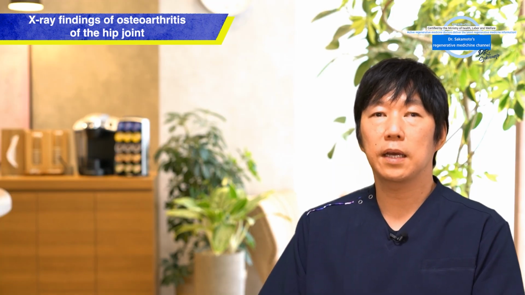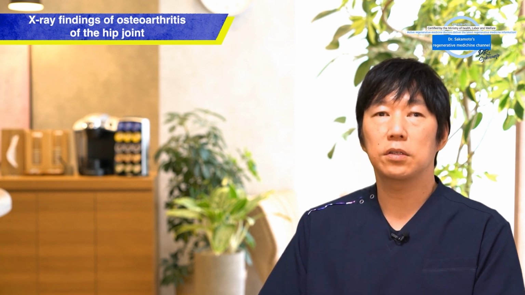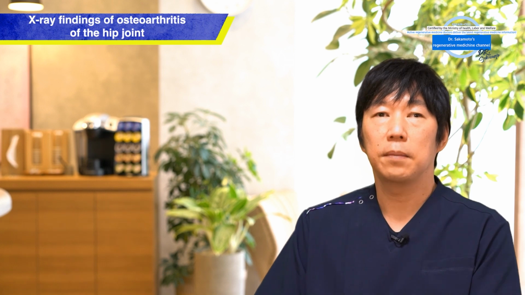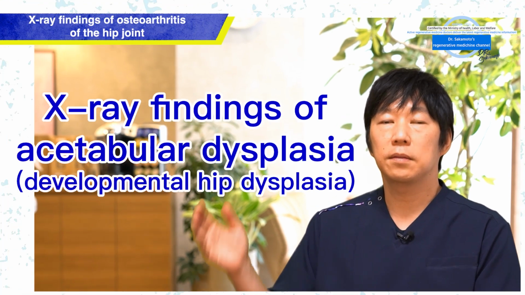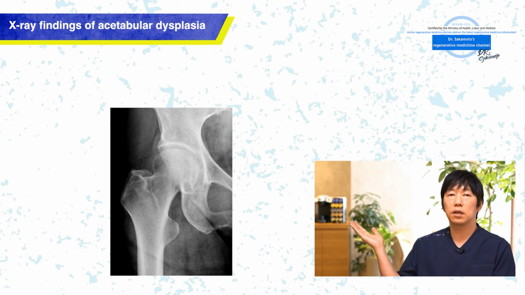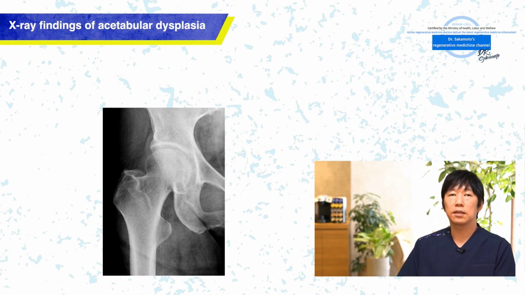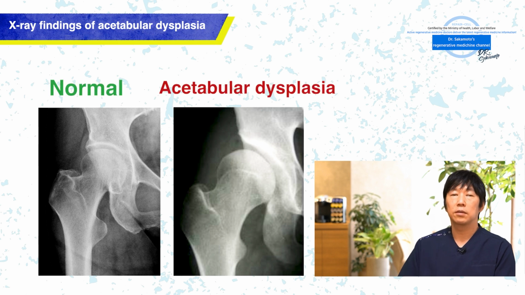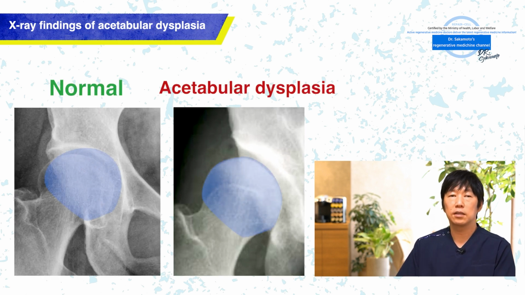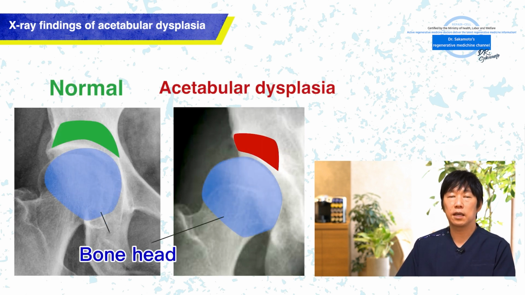Next, let's talk about acetabular dysplasia, which accounts for 80% of the causes of osteoarthritis of the hip. Let's take a closer look using X-ray pictures as well. First, here is an X-ray of a normal hip joint, and this X-ray shows a case of acetabular dysplasia. There's a slight difference in the socket that holds the femoral head.